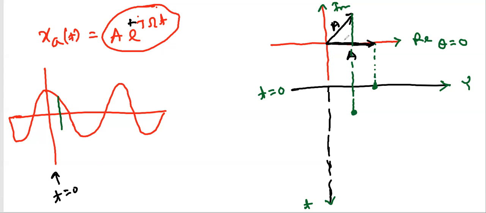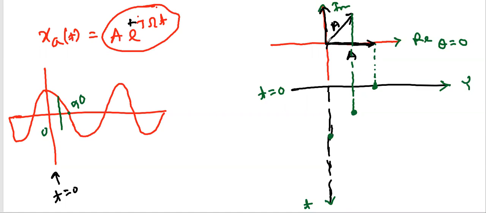Now when it proceeds 90 degrees, so this is 0, this is 90, the A will proceed in this direction and it will be on the imaginary axis. So what is the magnitude in the time domain at that point? It will definitely give you 0, because the amplitude will be 0.